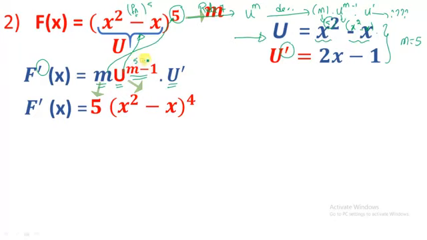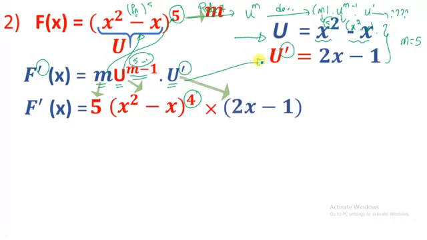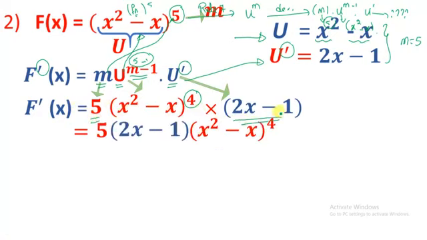M is 5, minus 1, we get 4. Then we multiply by the derivative of u, which is u prime, 2x minus 1. So f prime of x equals 5 multiplied by (2x minus 1) multiplied by (x squared minus x) to the power 4.